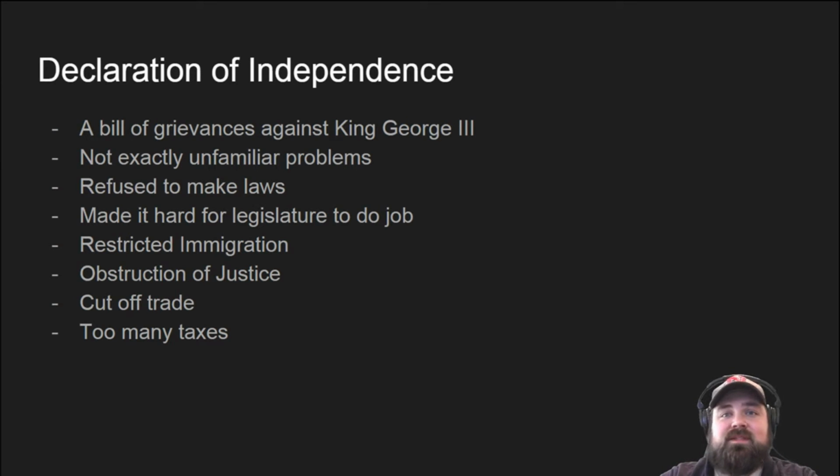So the world was turned upside down. The United States won. Well, I guess calling them the United States isn't quite right yet. The states that made up the former British colonies were victorious and shed themselves of their former political masters. So the question then becomes, what do you do?